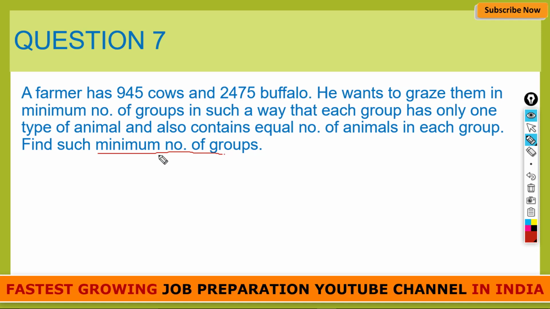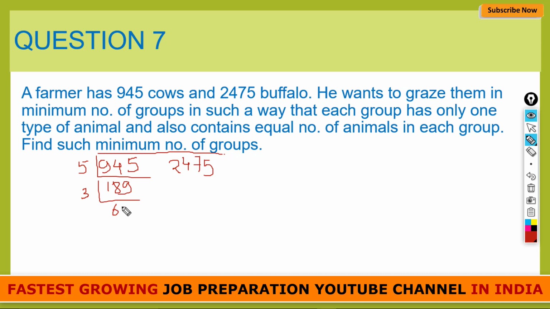So we have to do the same thing here, for 945 and 2475. We have to find the factors. So let's find the factors. This number is divisible by 5, so it will give us 189, then by 3 it gives us 63, again by 3 it gives us 21, and again by 3 it gives us 7.